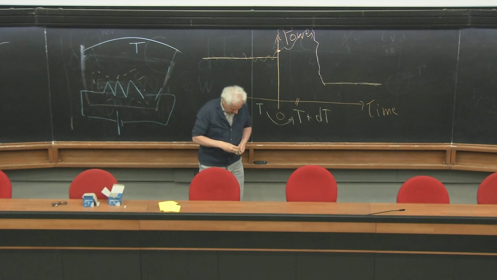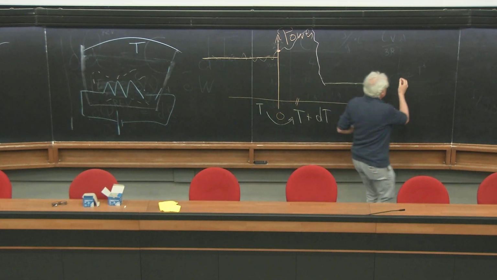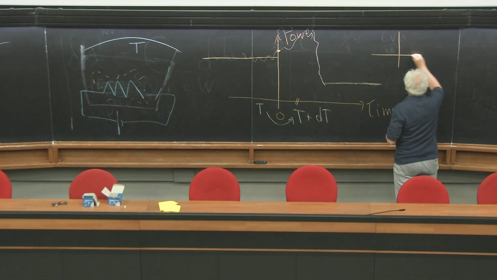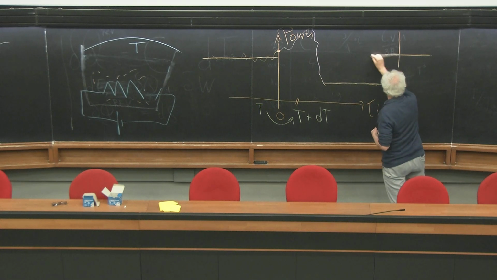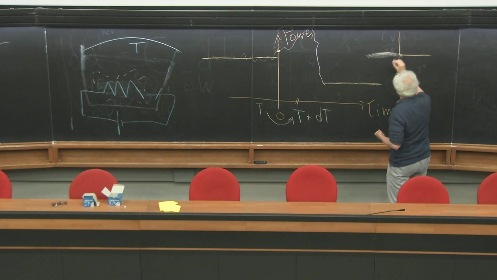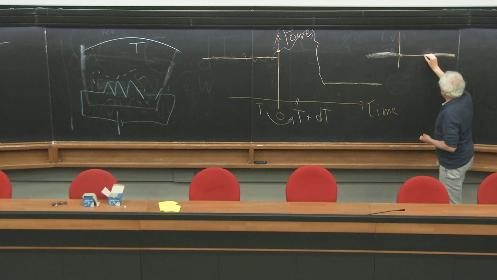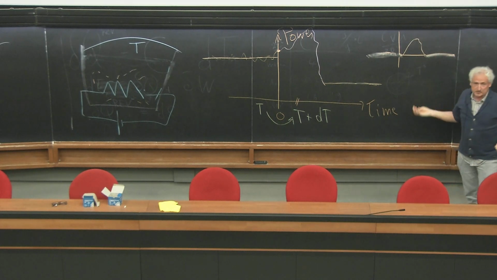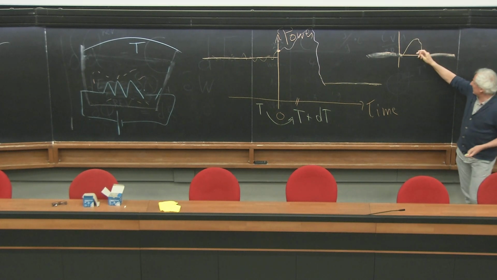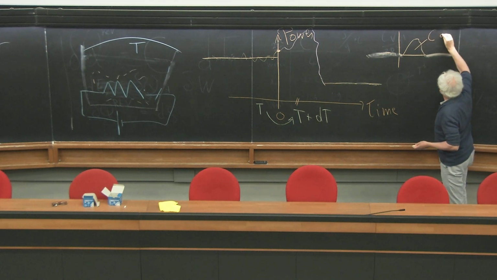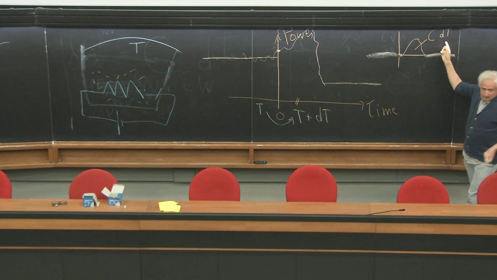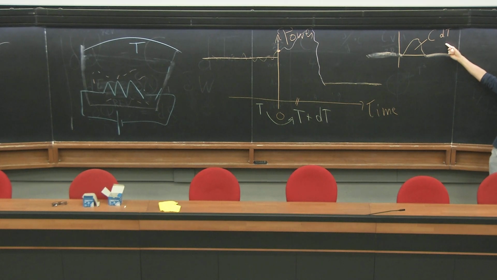In equilibrium, the analog would be that you have zero power before, zero power afterwards, but you have some bump in between, right? And the equilibrium heat capacity would be just this area multiplied with dT, right?